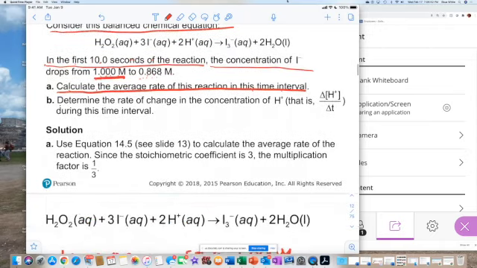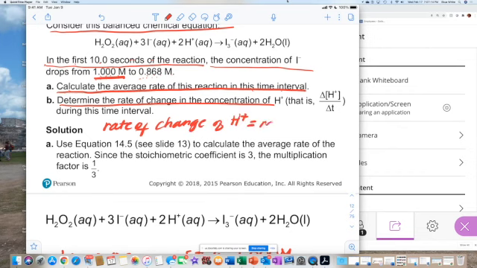Then what are they asking us next? Determine the rate of change in the concentration of H plus. Oh, they want us to figure out the rate of change, focusing only on H plus. So the question they're asking us here, the rate of change of H plus, is the same thing as rate of disappearance of H plus.